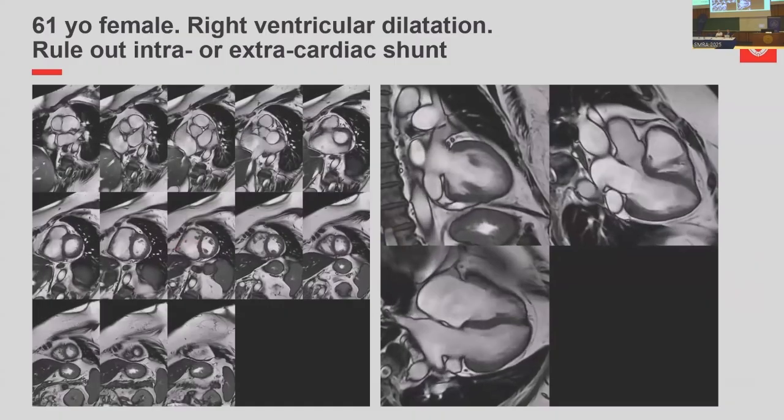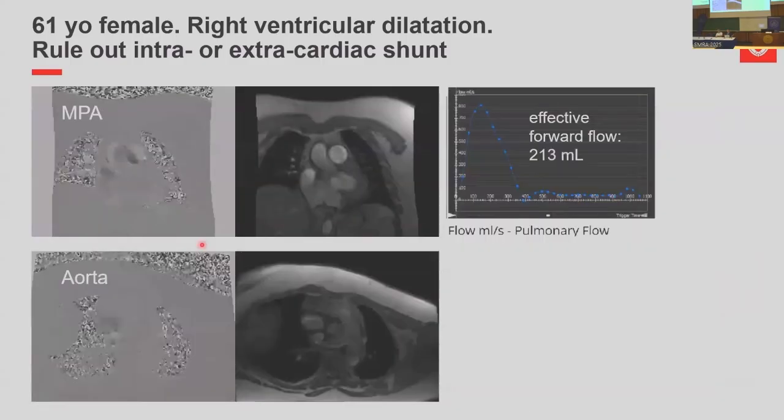than the left ventricle. To evaluate if there is a shunt, we measure flow in the main pulmonary artery and the aorta. Normally, the flow in both vessels should be equal, as they are two parallel circuits, the pulmonic and the systemic circulation. We measure 213 milliliters of flow in the main pulmonary artery.